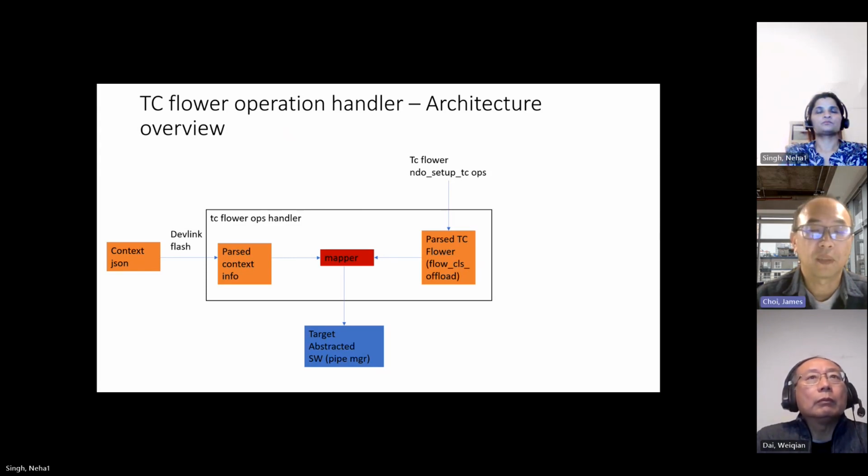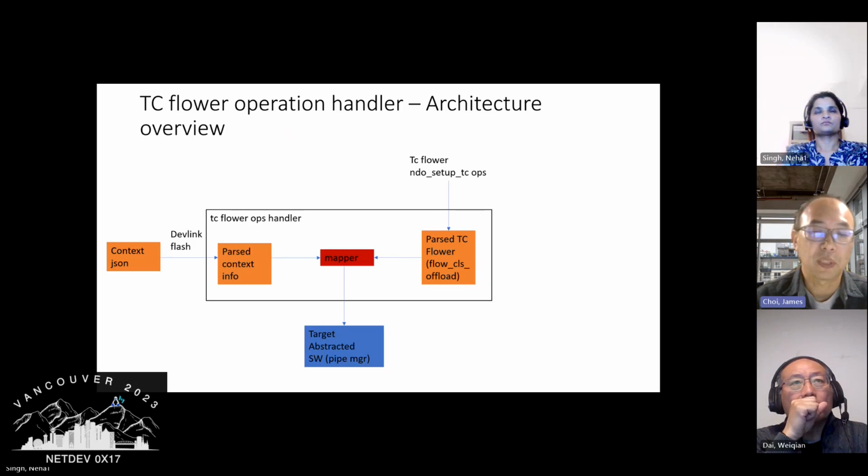When that is set up at initialization time, then when TC Flower requests come, the parsed fields of the TC Flower are fed into the mapper, and the mapper is the one that does the mapping onto the pipe manager interface.